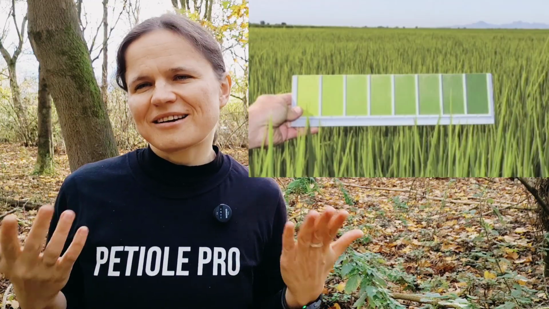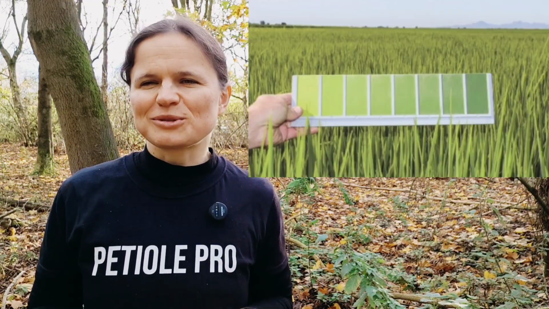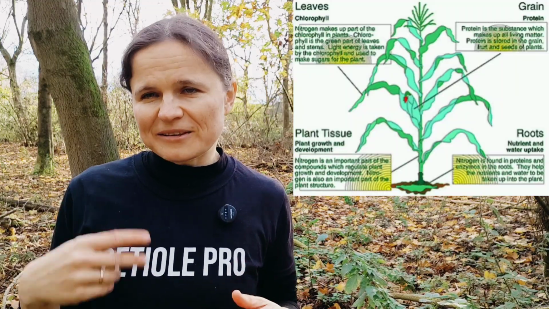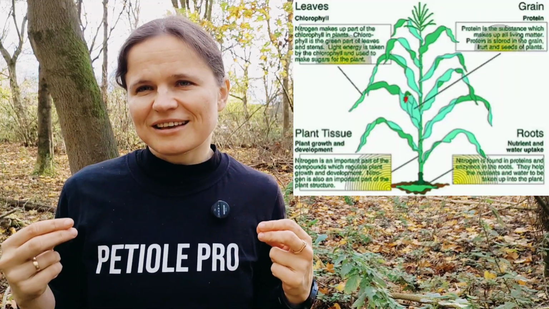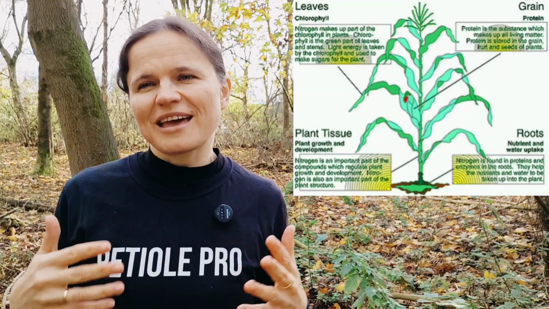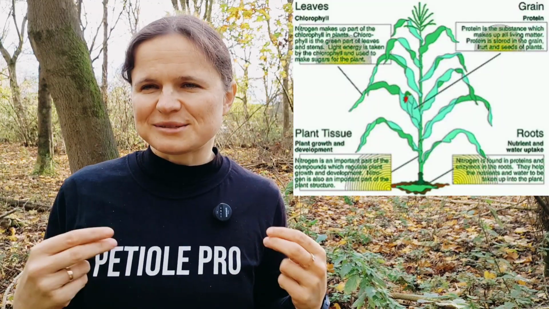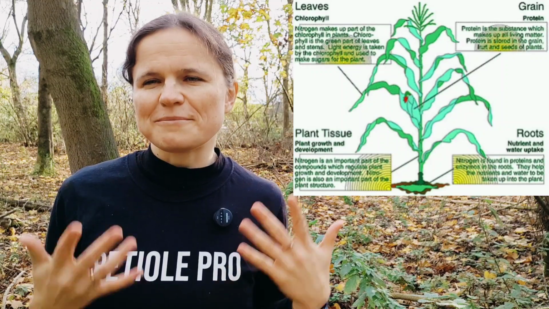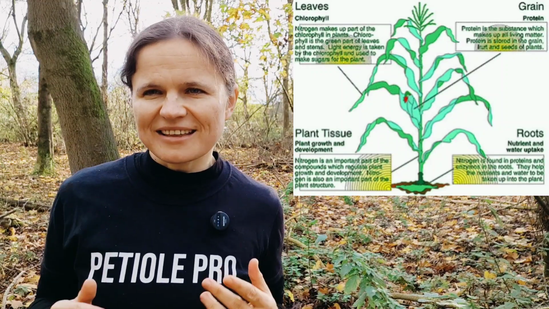But also there are some popular tools specifically for crops like rice. There are some tools which can help to assess the greenness because it's directly linked to the nitrogen level. And then it also links to the amount of fertilizers which you need to use to keep the plants properly green.